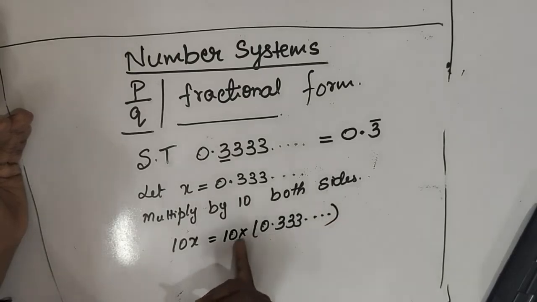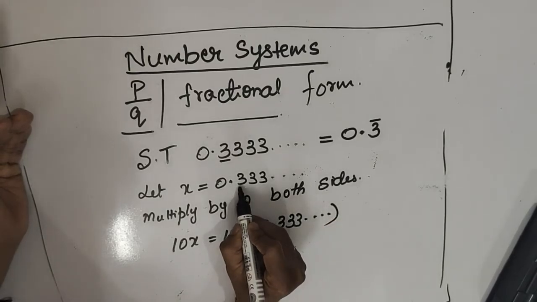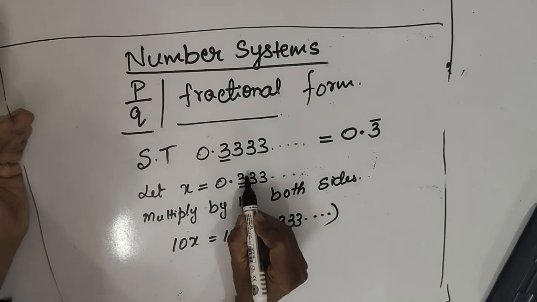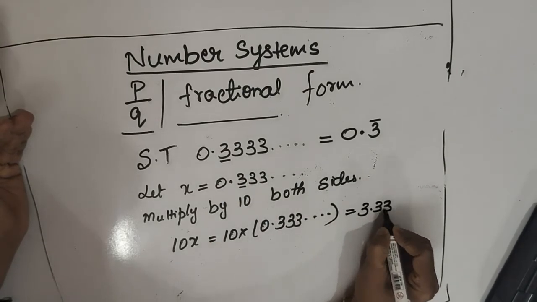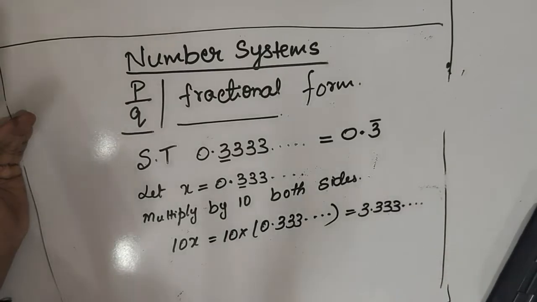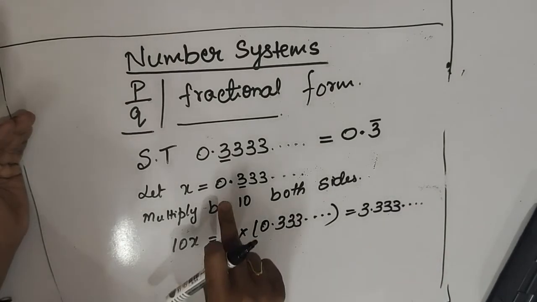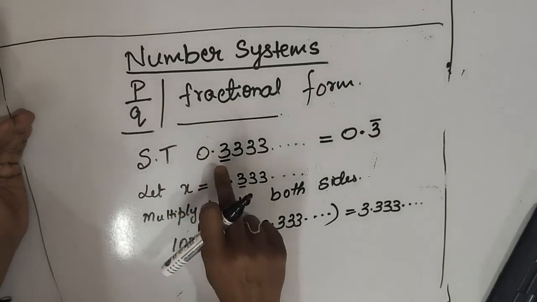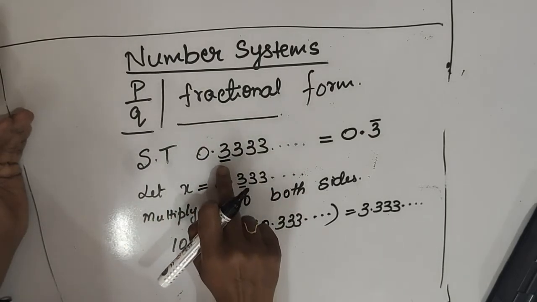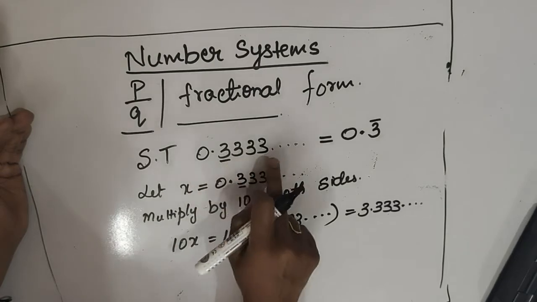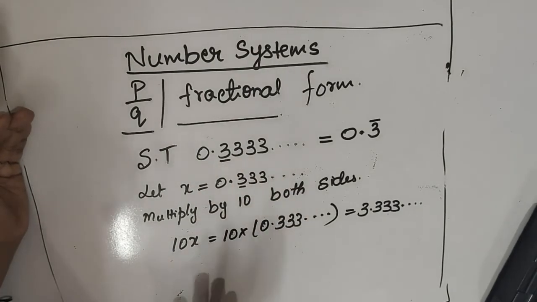While multiplying by 10, one digit will jump this side, that becomes 3.333 and so on. If I multiply by 100, two digits will jump. But since the first digit only is repeating, you have to multiply by 10 itself, not by 100.